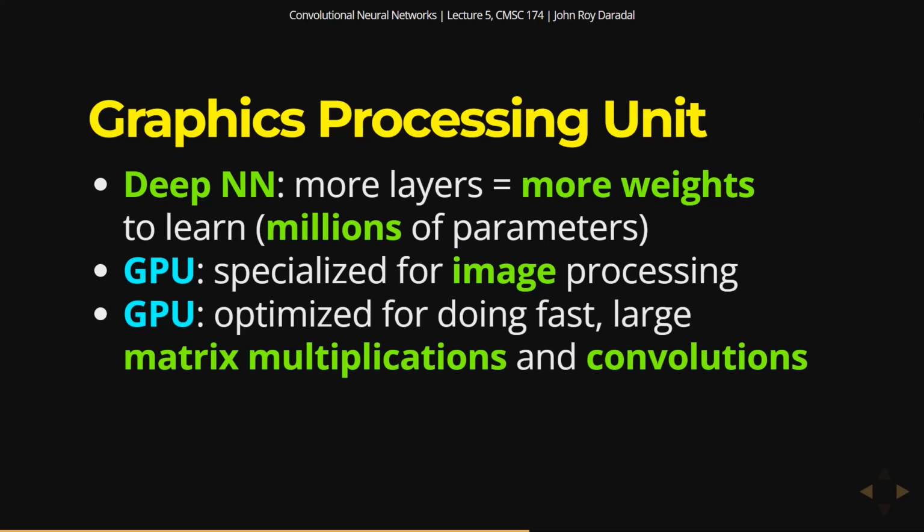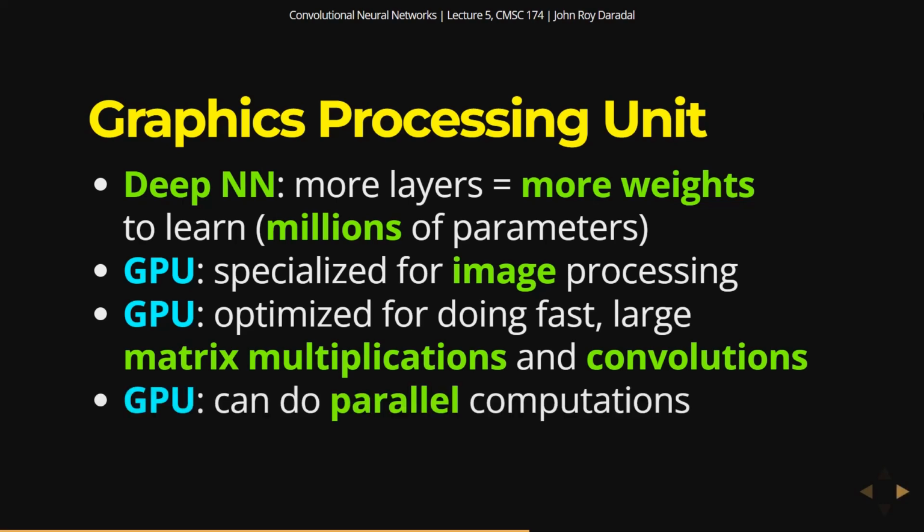So, GPUs are really a good idea for training deep neural networks. And it can also do parallel computation, so it makes the training faster. So thanks to the gaming community, which needed better GPUs, the deep learning community also reaps its benefits because we used it for training deep neural networks. Okay, so yeah, that's why we need to use GPUs.